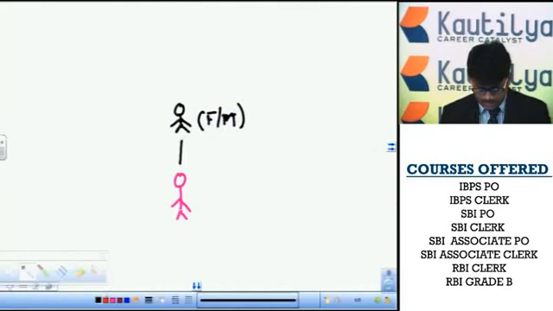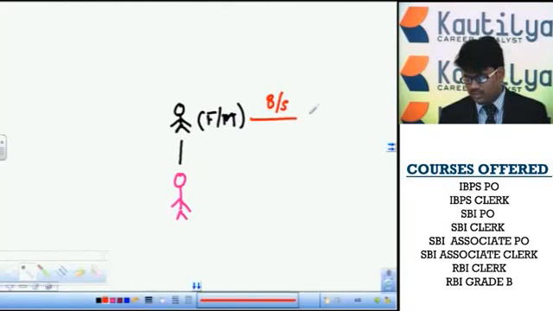The person has a brother or sister. That means our father's brother or mother's brother or father's sister or mother's sister is called uncle or aunt.